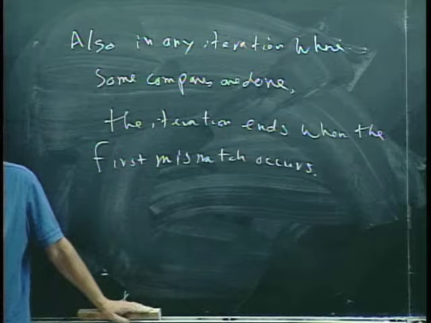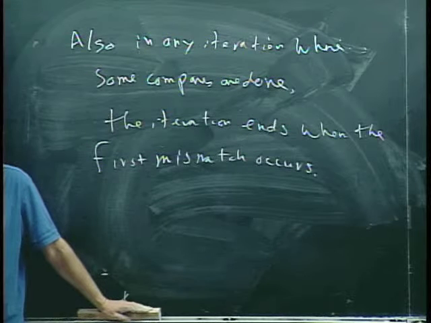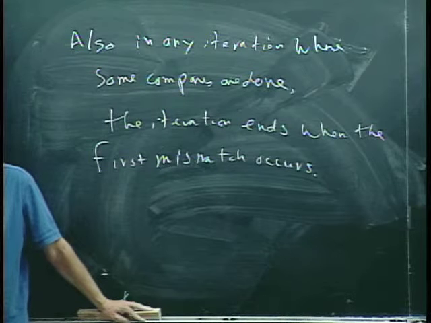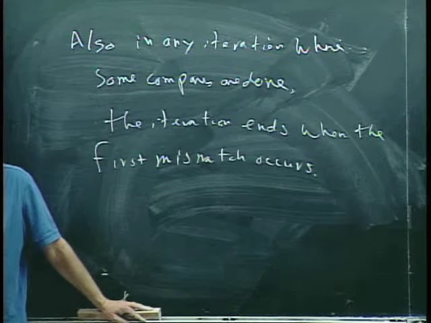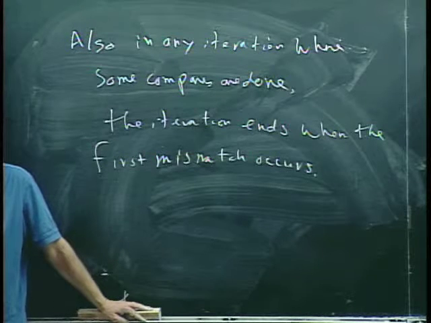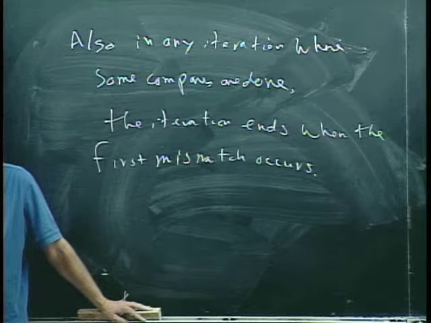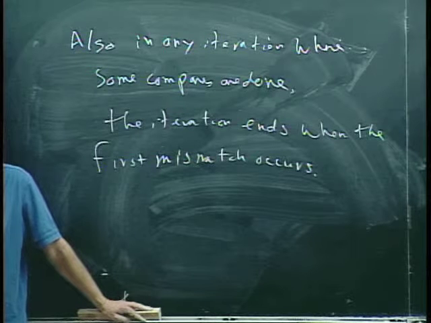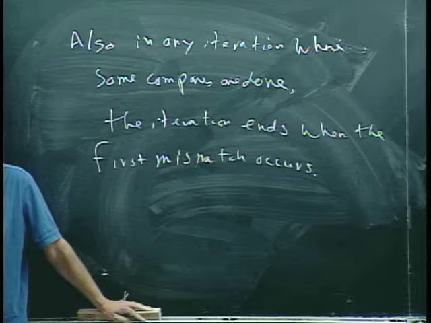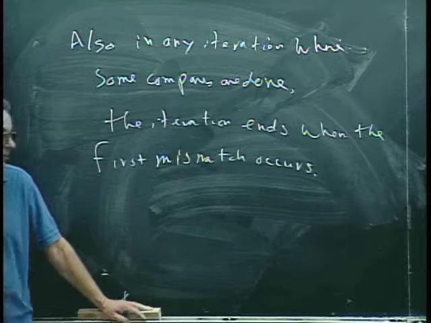So we can bound the number of comparisons in the entire algorithm. How many comparisons are mismatches? Well, how many iterations are there? There's one iteration for each position in the string. So there's S, the length of S iterations. And at most one mismatch per iteration.